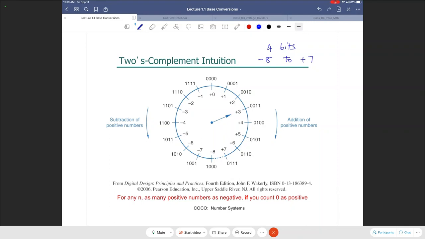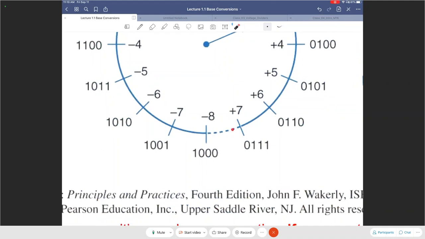All those 16 numbers have been put on a circle, -8 all the way to +7. And there is a dotted line over here that indicates overflow outside the range with 4 bits. You can't be there. If you are there, that means overflow has occurred.